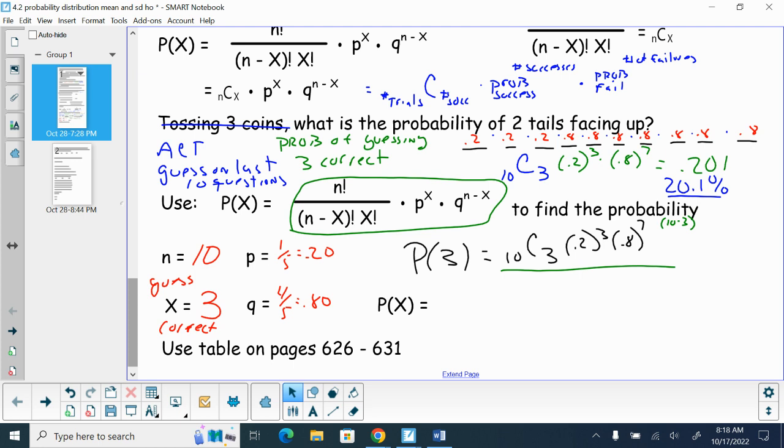Well, in this case here, our p-value was 0.2. So if you go over to 0.2 along the table there, we want 3 successes. So you want to drop the 0.2 down to the 3. And the value that you got there is 0.201.